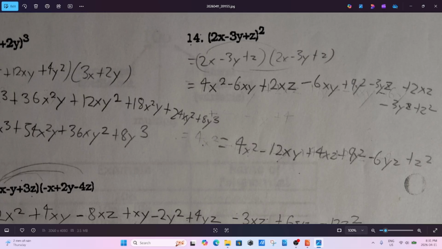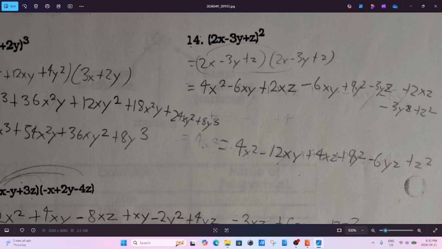Question 14: (2x minus 3y plus z) squared. So that is equal to 2x minus 3y plus z times 2x minus 3y plus z, which is just equal to 4x squared, right? 2x times 2x. Then minus 3y times 2x, negative 6xy, and then 2xz.